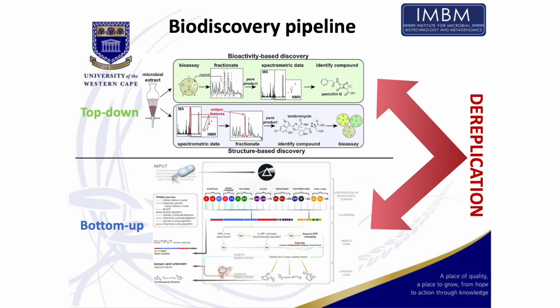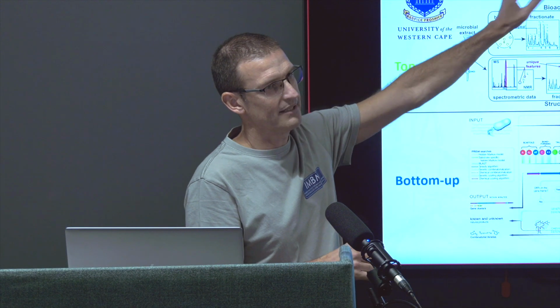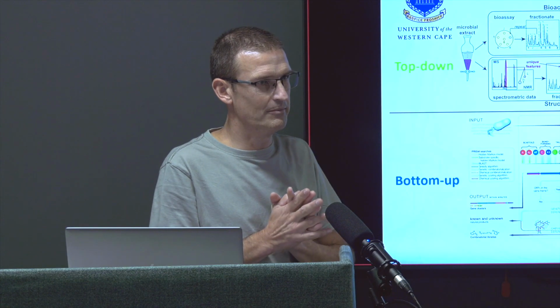So this is your classic biodiscovery, and Rob also alluded to this, where you grow the bacterium in the lab, you let it express its genes and produce the compound, and then using standard chemistry techniques, you go and make an organic extract from that bacterial culture, and you go do mass spectrometry or NMR, and you find the physical compound, and then of course you can decide or test it, is this antimicrobial or not. And if you're lucky enough to have a genome, maybe you can work your way back and say, oh, these were the genes that were responsible for making this.